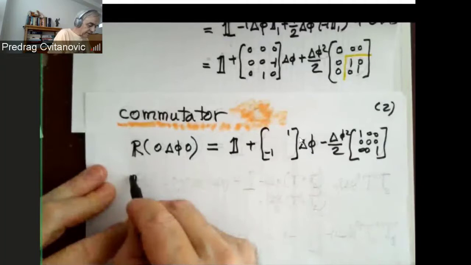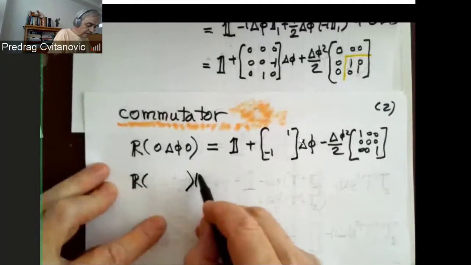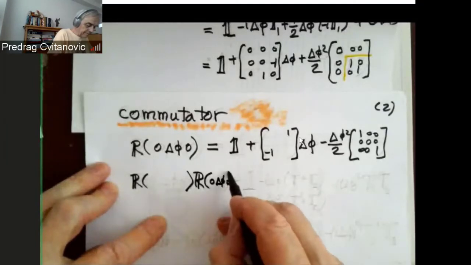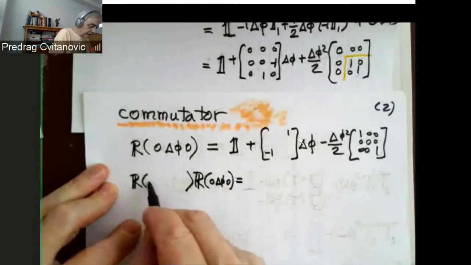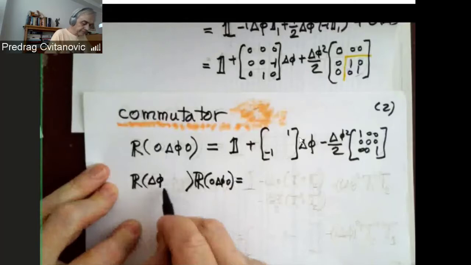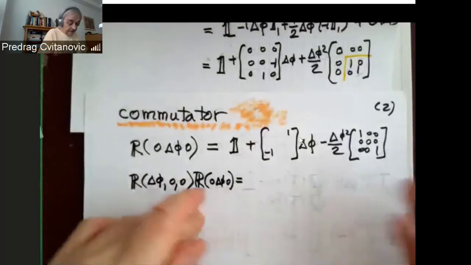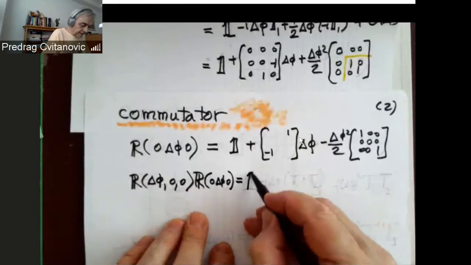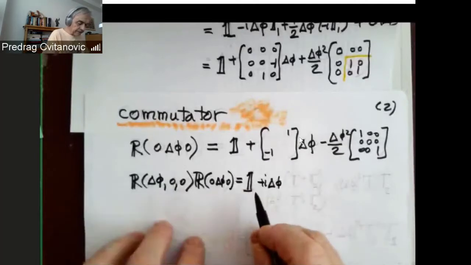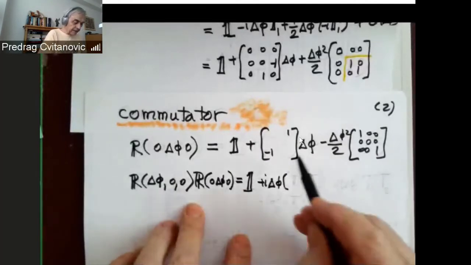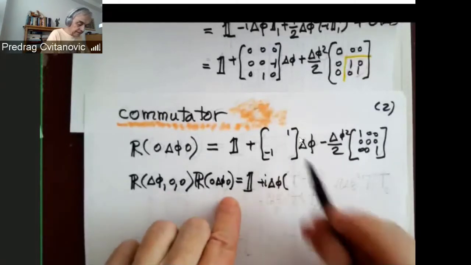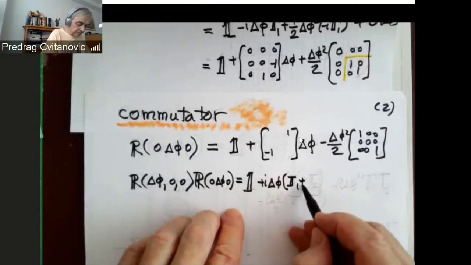Now it's easy to evaluate this product. I first rotate about the y-axis, and then I rotate around the x-axis. I just multiply these matrices, so I always get the identity. Then for the linear term, when I multiply these guys, I pick up the linear term either from this guy or from that guy, so I get T1 plus T2 here.